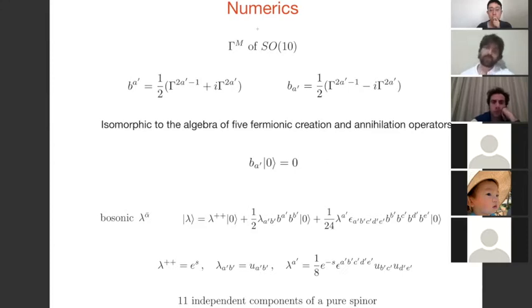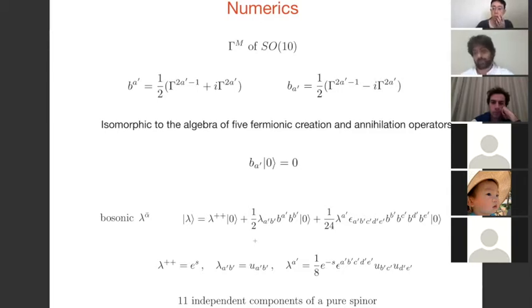So I just put here, starting with SO10, you can write some basis combinations of gamma matrices and write some algebra of creation and annihilation operators, and then expand this bosonic spinor in this basis, because it only has even numbers of b's because of the chirality. So when you impose the pure spinor constraint in this language, you can solve it in this way, and it has 11 independent components. So this is a solution.